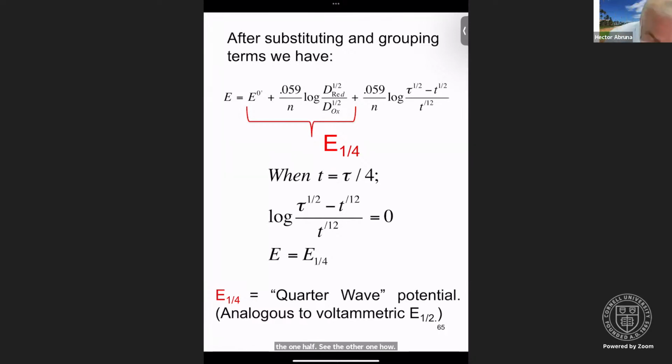Does this look familiar? Well, you might recall our voltammetric expression, right? That it was E equals E0 plus, log ratio of ox and red, and I limiting minus I over I, right? This looks awfully similar to that.